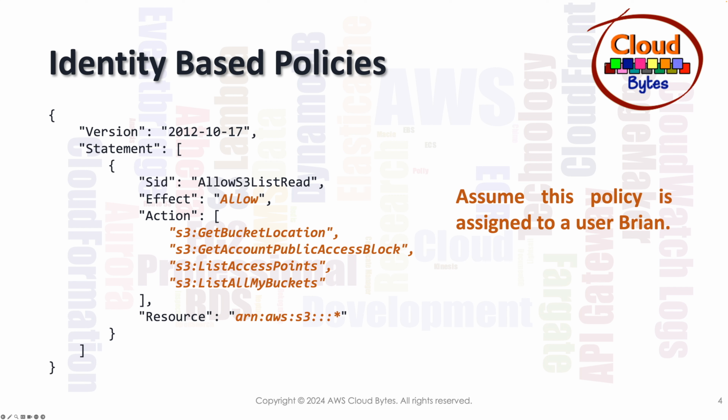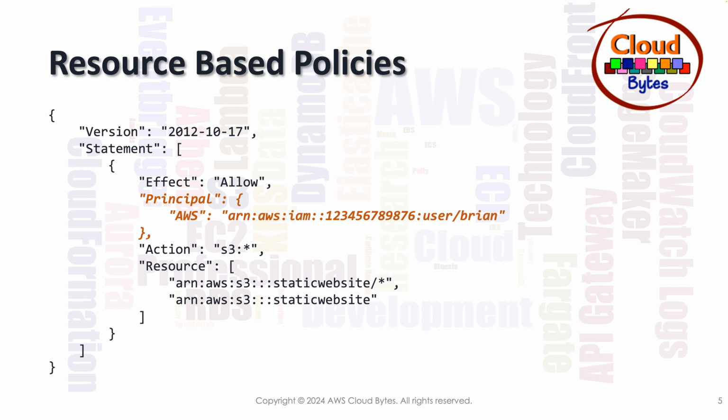Let's look at the next policy document, which is resource-based policies. Now, there is a difference between an identity-based policy versus a resource-based policy. Suppose you have an S3 bucket and you want all the users in your organization who have admin access to be able to access that particular S3 bucket.